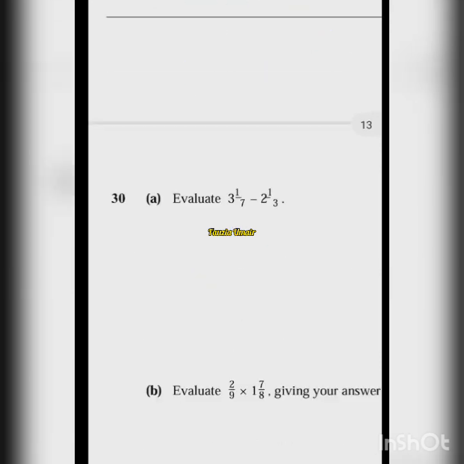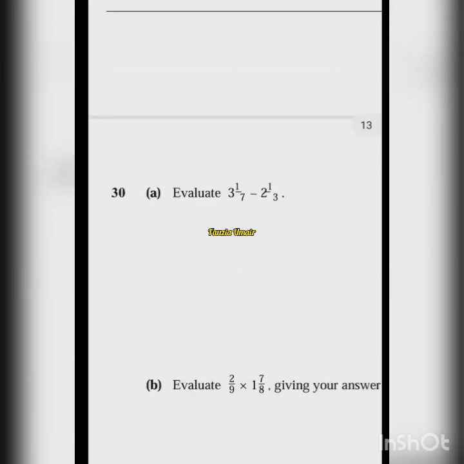Okay. So moving on to next question. Will you be able to solve these on your own now? Yes. All right.